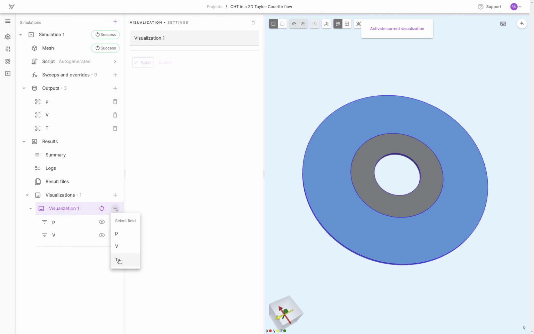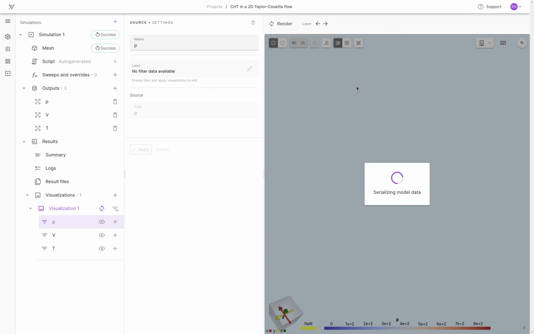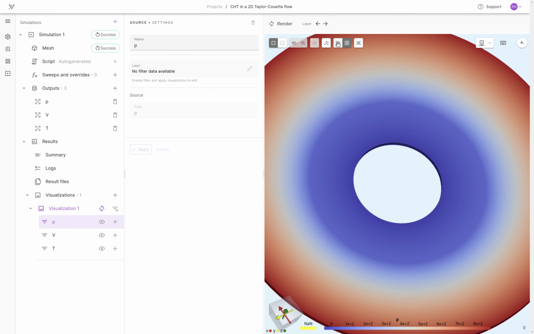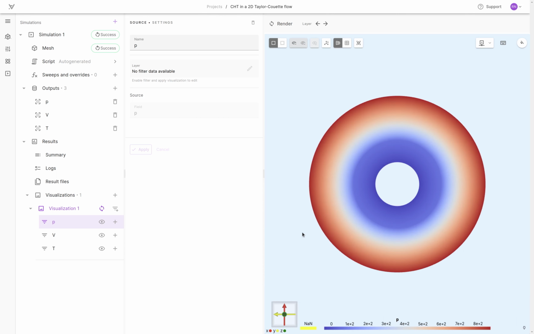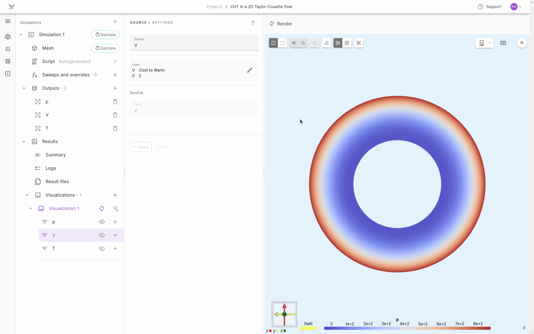I'll add all the three variables for visualization. So here we see the pressure distribution.